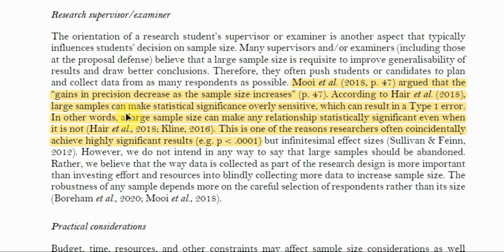According to Hair et al., a large sample size can make statistical significance overly sensitive, which can result in type 1 error. In other words, a large sample size can make any relationship statistically significant even when it is not. This is one of the reasons researchers often coincidentally achieve highly significant results. Again, do not push for a higher sample size if it is not required in the context of your study, the objectives of your study, or the analysis techniques that you are using.